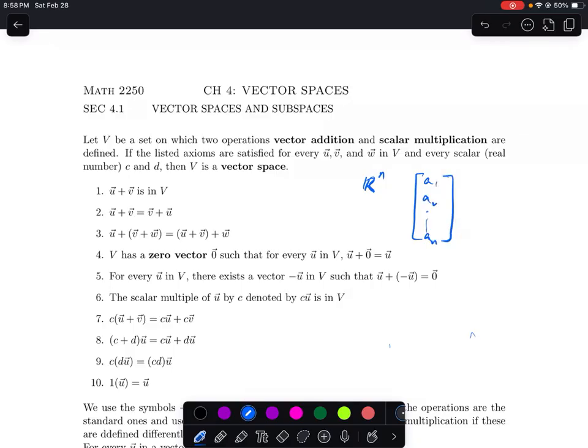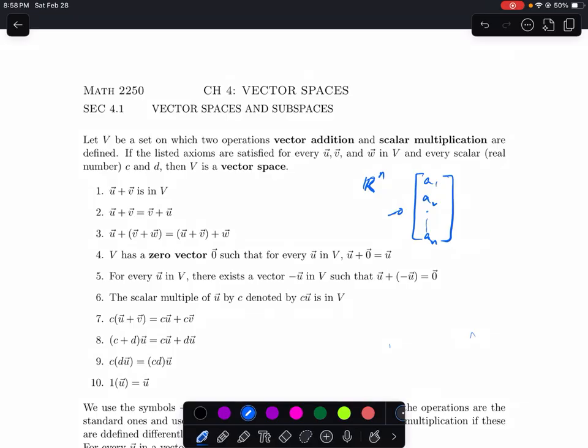This will be a vector in Rn. So these are the vectors, but the vectors will not always be of this shape. There are many other objects which satisfy these conditions, and so they can also be designated as vectors. I will talk about those in a few minutes.